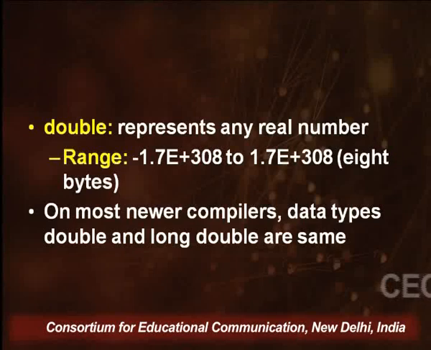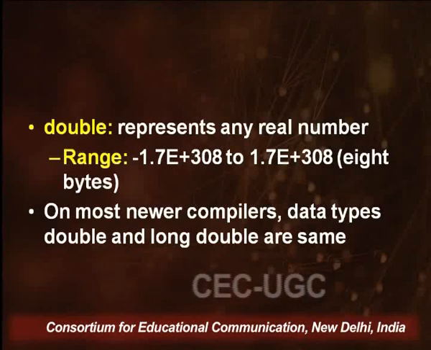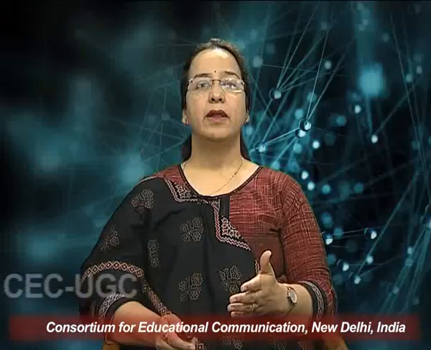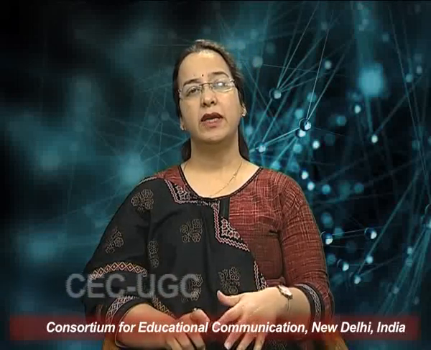On most new compilers of C++, the data types long double and double both take the same values. Then we have the floating point types float, double and long double. Long double is also the same as double, and within integral types we have seen character, integer and bool.